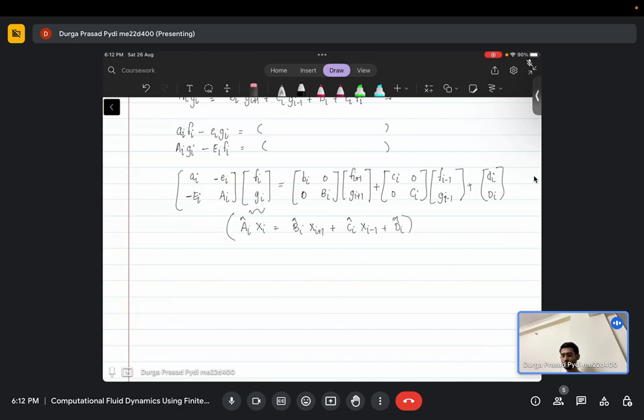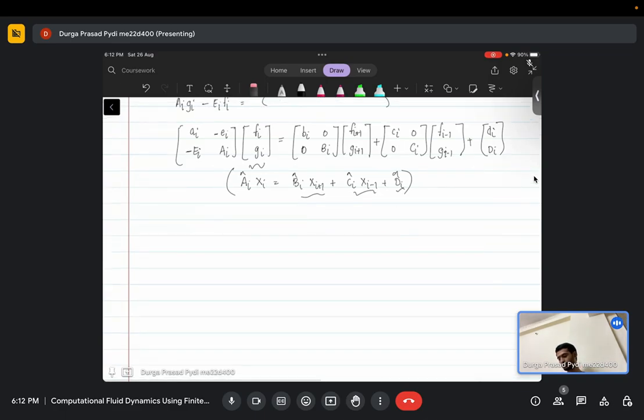So this is again your classic equation, the original equation that we are dealing with: ai phi equals bi phi plus 1 plus ci phi minus 1 plus some constant di. It will be again the same process. You just substitute back. You express xi as some pi times xi plus 1 plus some qi.